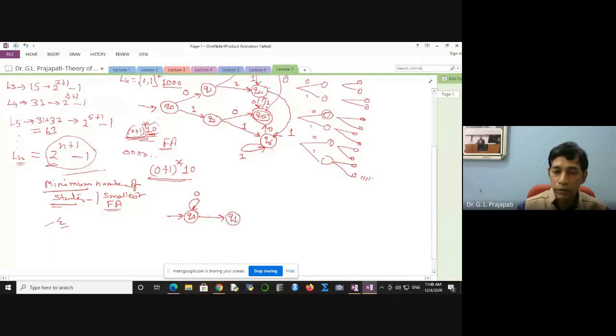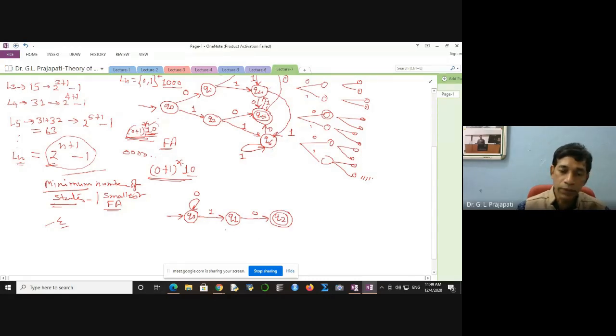Whenever your machine is at Q1, it knows that the last symbol is 1. And if you are receiving 0, then 10 will be there. So if it is 1 and the next symbol is 0, then you are going to a state, say for example, Q2. If you are in the Q2, then you know that the last two symbols are 10, and hence Q2 is the final state now.